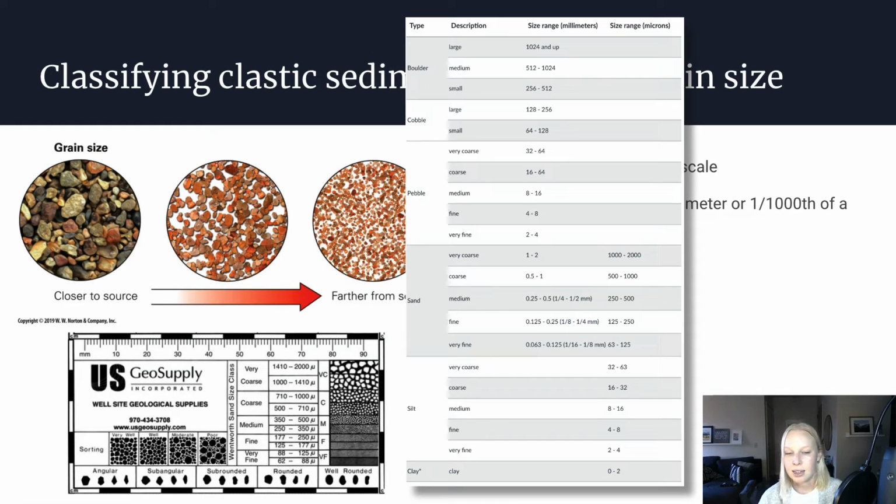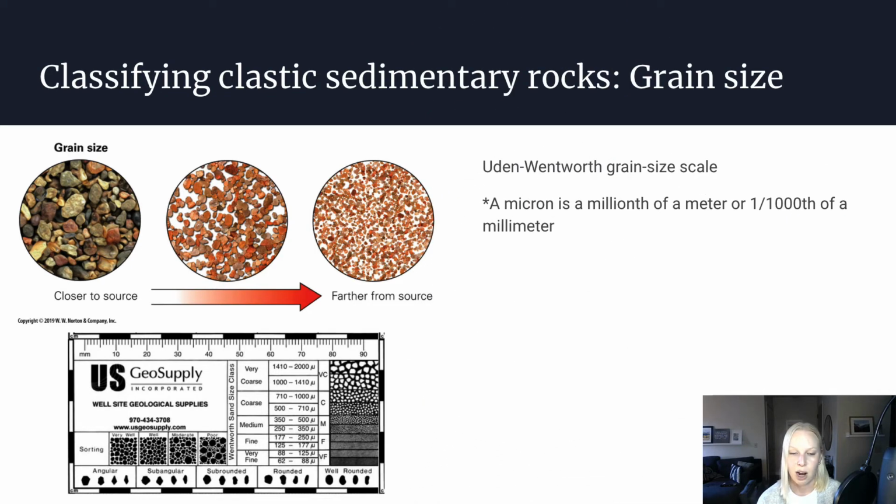This is a tool that a geologist might carry in their pocket while they're out observing rocks. They might carry a reference card similar to this one here on the screen. It lays out what different sand sizes are called. You have very fine, medium, coarse. And it's really just a reference to be able to describe the size of the grains within the rock.